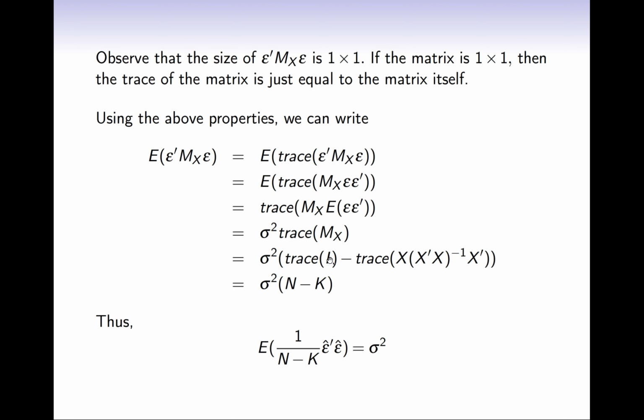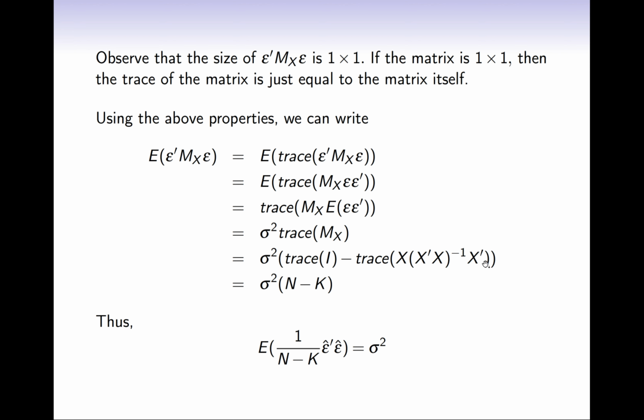Trace of Mx is trace of I minus the trace of this, you know, X prime X inverse X prime. The trace of I, well, this is the identity matrix. So it's the sum of the diagonal elements, and this is an n by n identity matrix. So that equals n. Okay. Now this here, we can apply again the cyclical permutations argument. So we put this X over here.